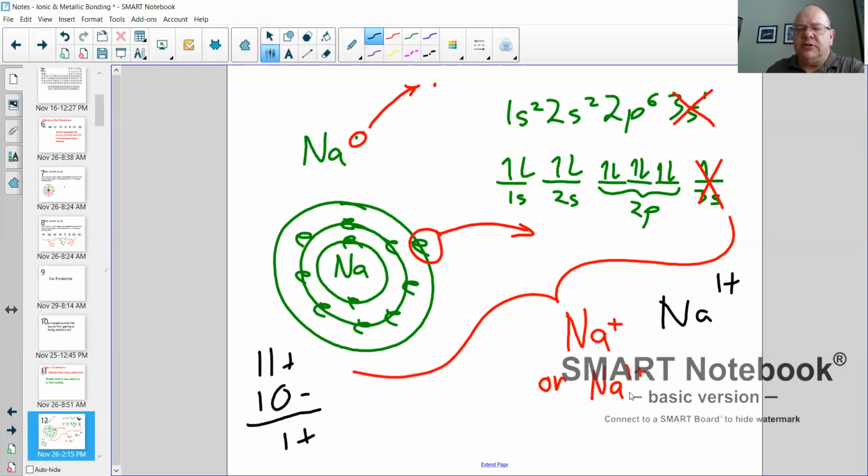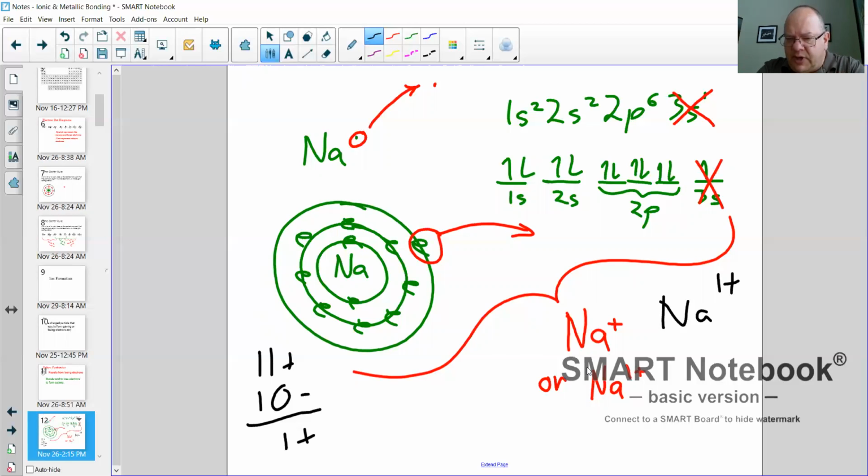Sorry, this was covered up a little bit by the watermark. So Na plus or Na1 plus. Now, going way back to my school days, I got in the habit of writing the charge in front of the number, and that's not the accepted way of doing it. So if I do that once in a while and I slip, forgive me.